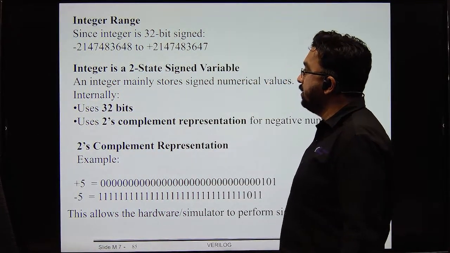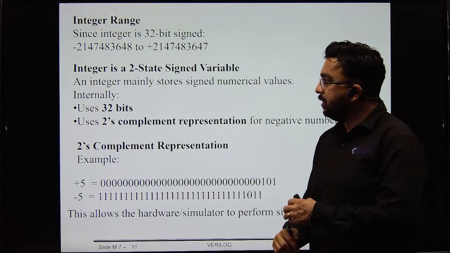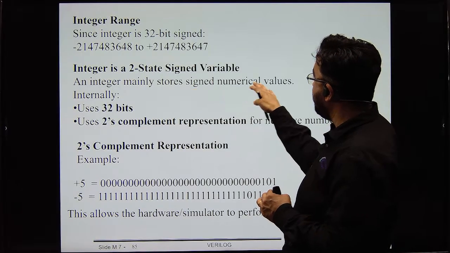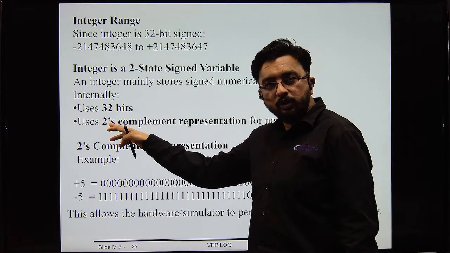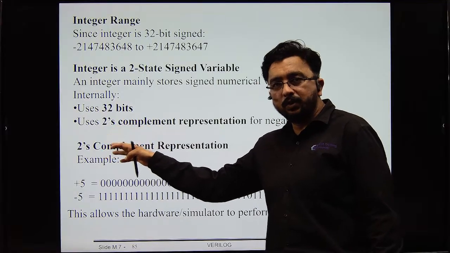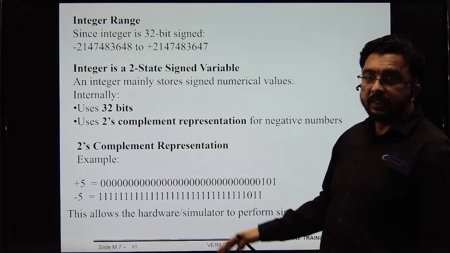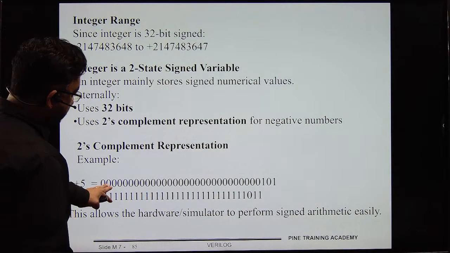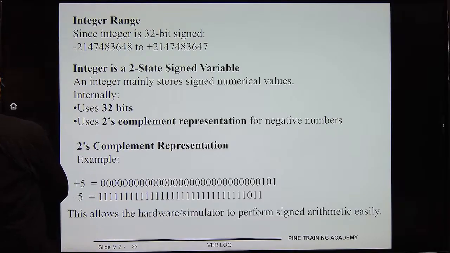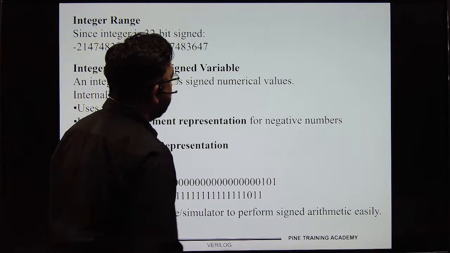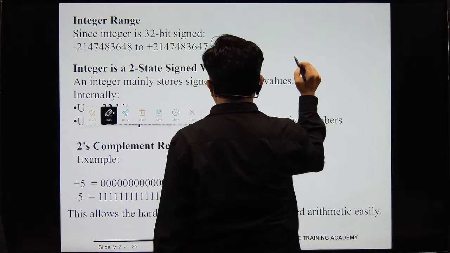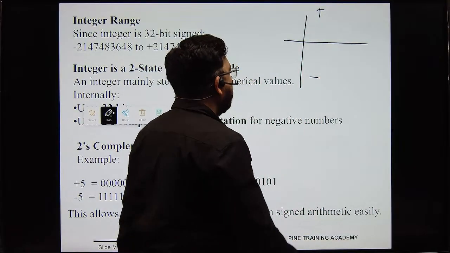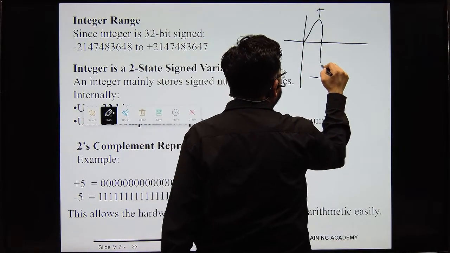Let's discuss one by one. An integer is a two-state signed variable. Integer mainly stores signed numeric values in 32-bit, and it also stores the 2's complement which represents the negative numbers. For example, very easy. Suppose this is your positive coordinate and this is your negative coordinate, and this is 5.